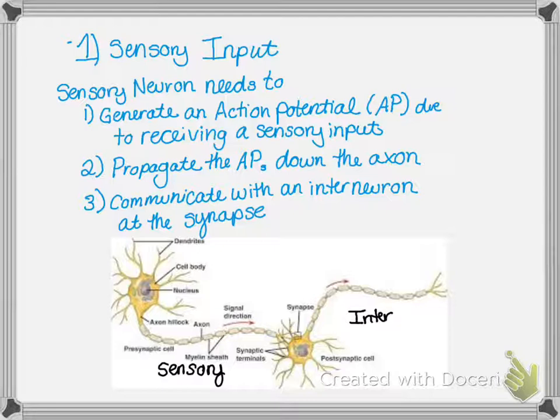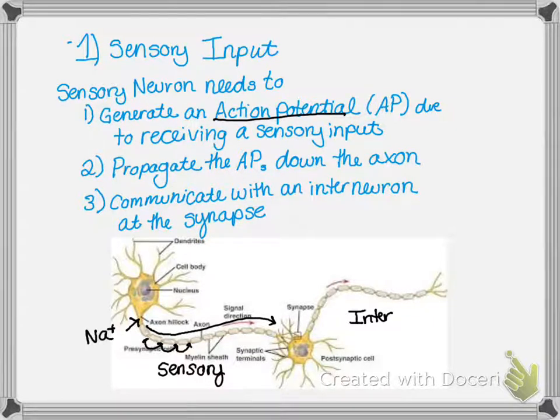So what's going to happen is the sensory neuron is going to receive some sort of sensory stimulus, and that sensory stimulus will cause sodium to enter the neuron. That sodium will trigger an action potential. Now those action potentials, those sodium ions, will then travel down the axon, generating action potentials at every node of Ranvier.